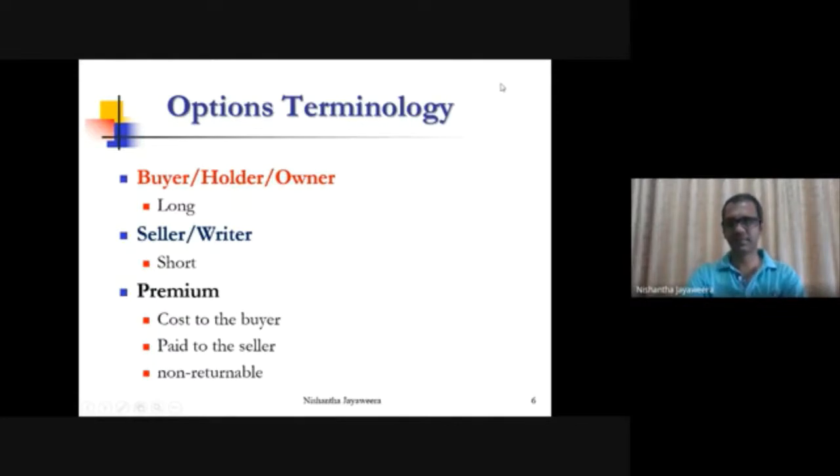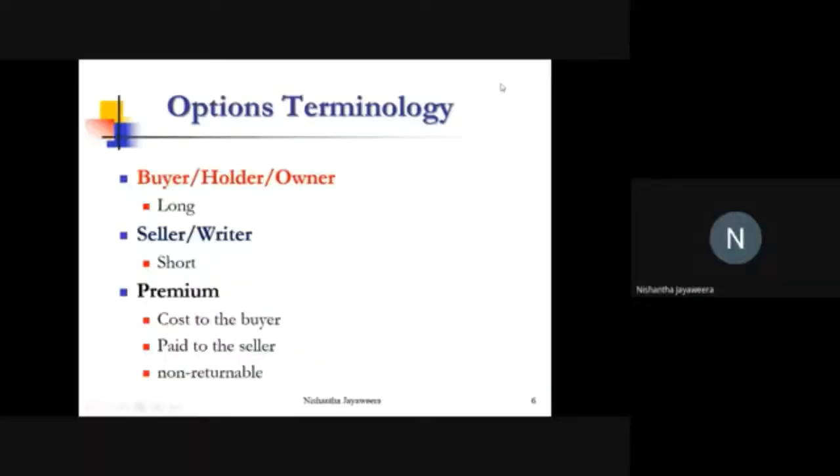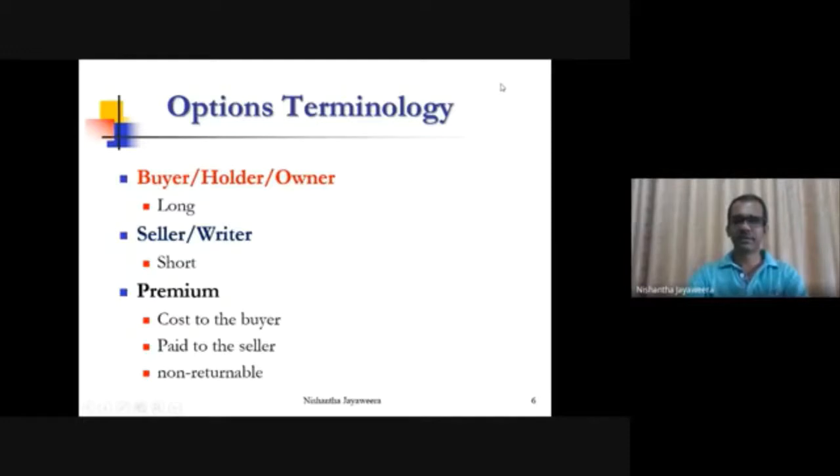That's the simple definition. The option buyer gets a right either to buy the underlying asset or to sell the underlying asset during a period, at a pre-agreed price during that lifetime.